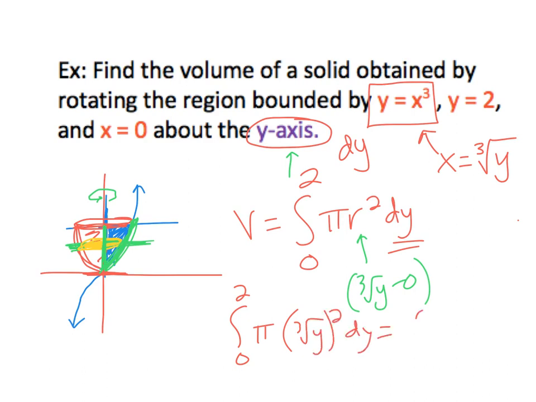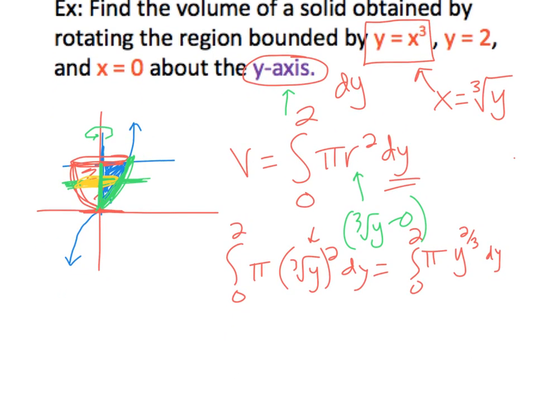If you were to fully work this out, you could just do reverse power rule here, because putting this into exponential form, that's going to read as y to the 2/3 power. If I factor out a pi there, it looks like you're just doing reverse power rule with y to the 2/3.